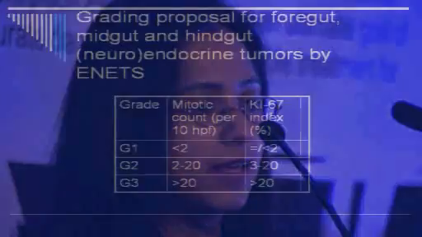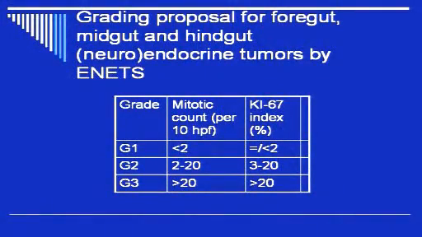Oh, I'm going back. So when I was preparing for this conference, I was asked to talk about the ENETS classification for the gastroenteropancreatic tumors, so the foregut, midgut, and hindgut tumors. And so most of my slides have that information.